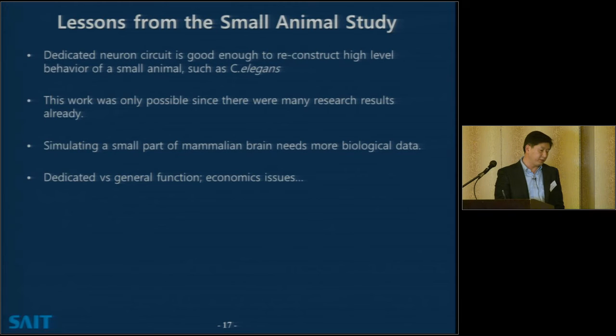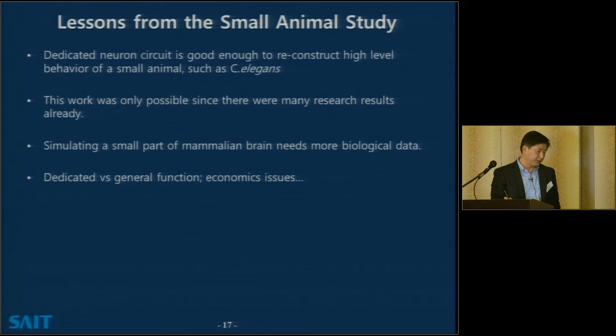So after this small animal study, we could understand how we can control how C. elegans behaves. It is just 200 neurons, but it has around 5,000 synapses. To control all these neurons and synapses was actually not easy, but finally we could make this animal move in a computer.